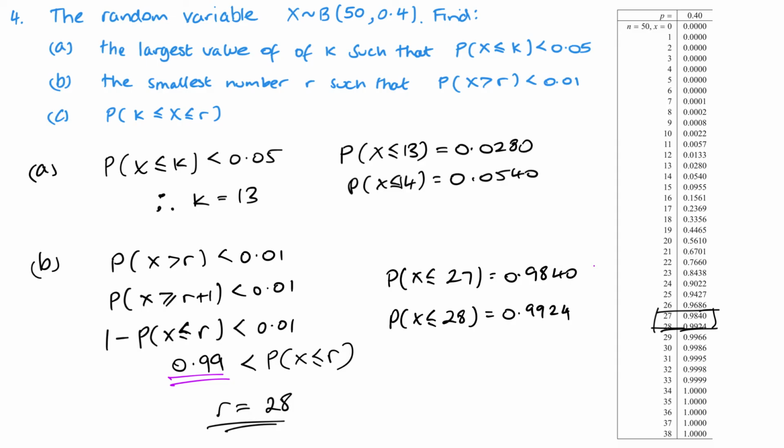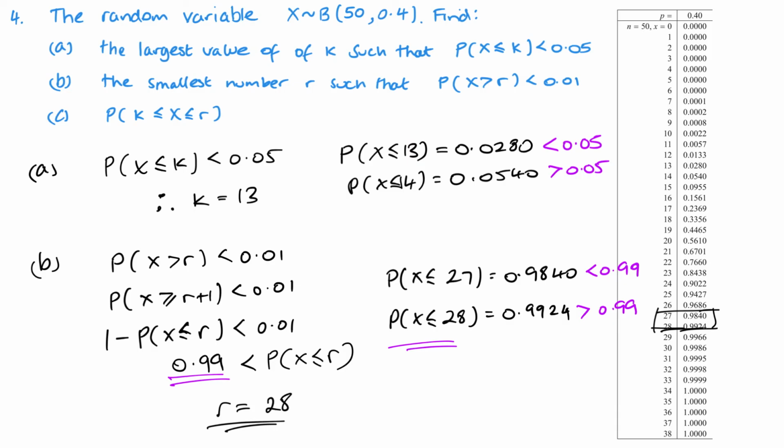So this one is smaller than 0.99, and this one is greater than 0.99, which is why we chose this one. And if I go back to the first ones, we wanted, in this case, less than 0.05, didn't we? And if I look here, this one was less than 0.05, this one was actually greater than 0.05. So it's quite clear which one works with these. Okay, so that's my A and my B.